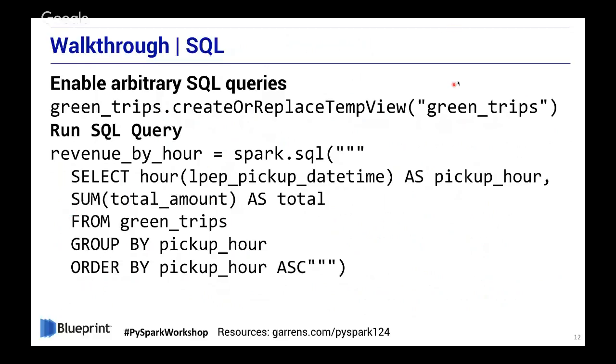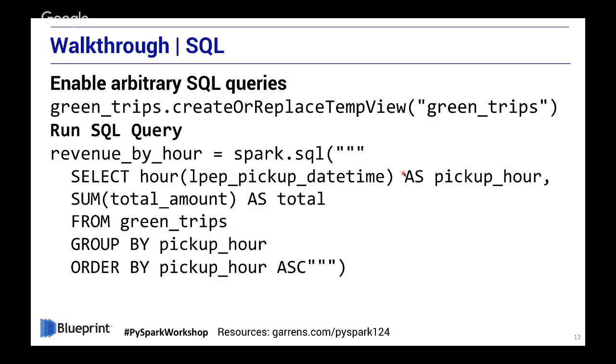From greentrips, that you'll note that's from when we created or replaced the temp view. So this just makes that available as if it were a table or a view that we're more traditionally used to with relational databases like MySQL, Postgres, Oracle, SQL Server, etc. And then we're just going to have to do a group by pickup hour. That's right here.